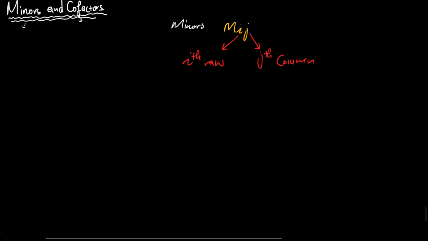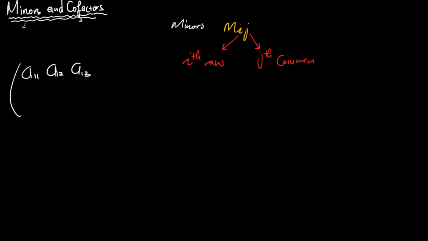So let's look at a matrix here. Say we have a matrix and then we have A11, A12, A13, and then we have A21, A22, A23, A31, A32, and A33. So that is how a matrix will look.